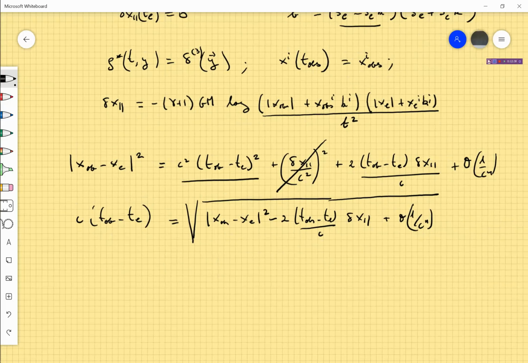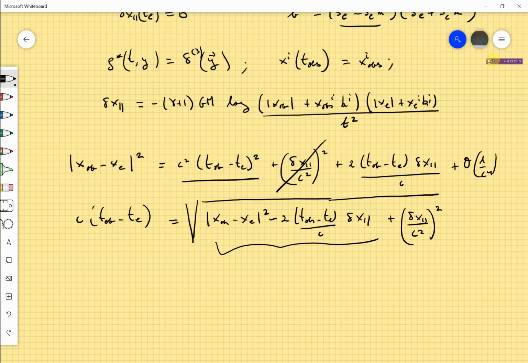The trick that we are going to play here is that we are going to introduce a term which is of order 1 over c4, so it doesn't really matter, but that completes a square here. So we introduce delta x parallel over c squared, again plus terms of order 1 over c4.